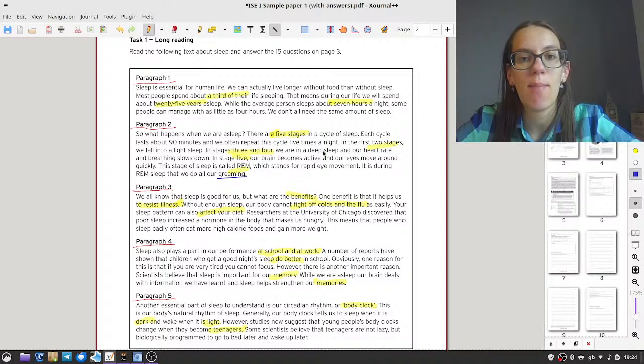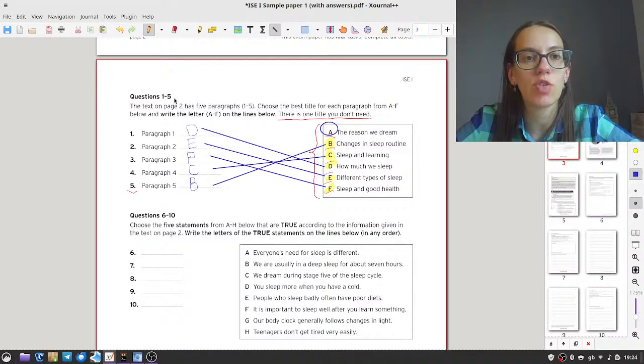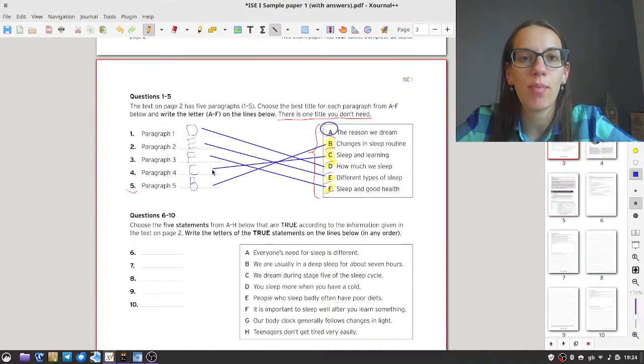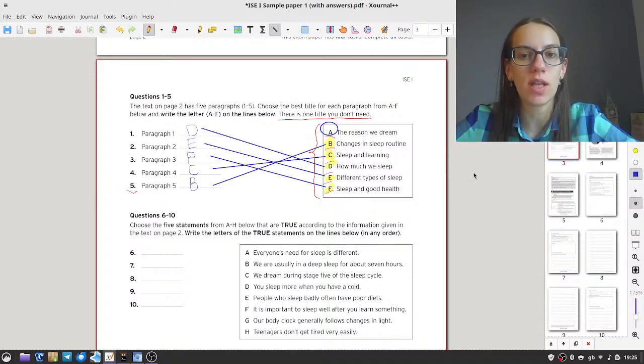So when we do tasks, when we answer questions 1 through 5, matching paragraphs with titles, it's very important to remember that a title of a paragraph is the topic, the general topic. What is the paragraph about? The whole paragraph. Not just one sentence in a paragraph, but the whole paragraph.